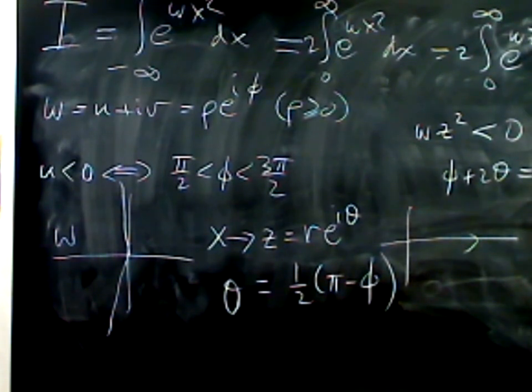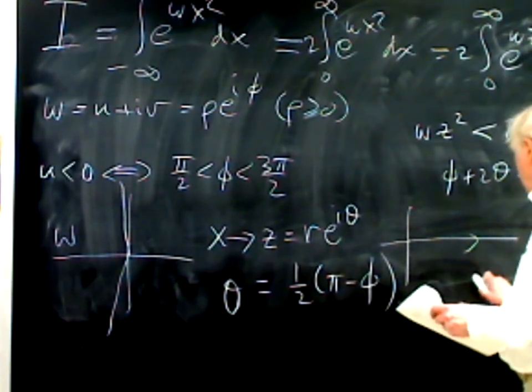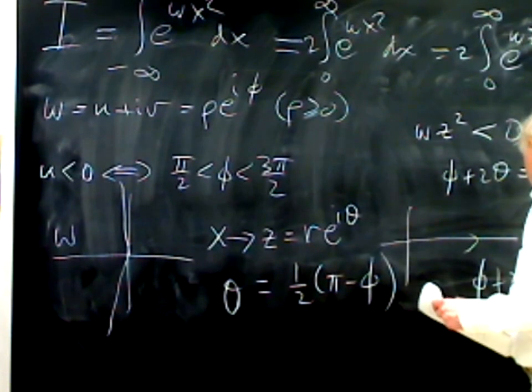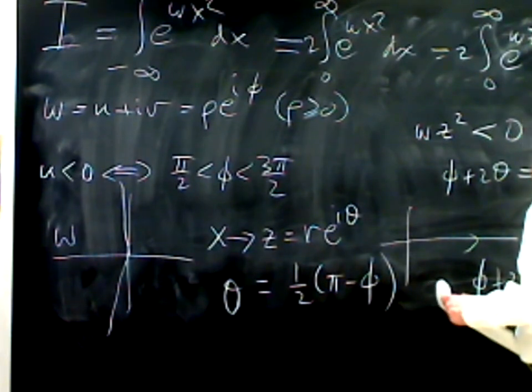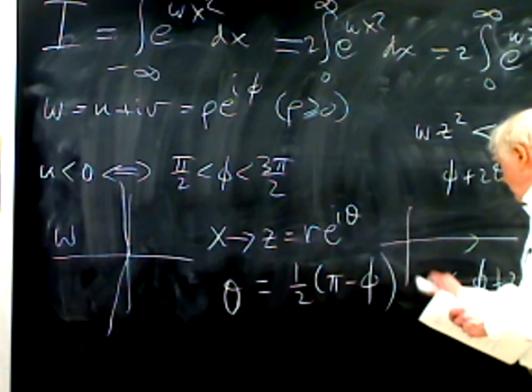Well, the real part of w z squared will be negative as long as phi plus 2 theta is less than 3 pi over 2 and greater than pi over 2.